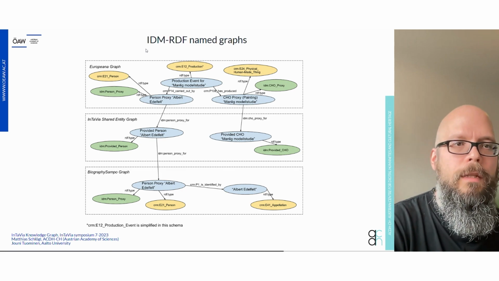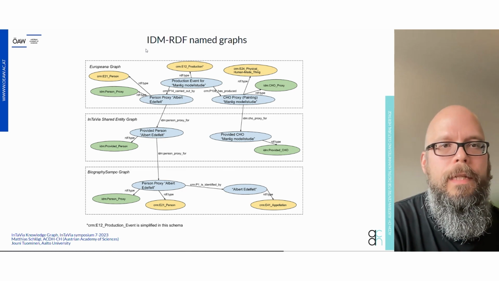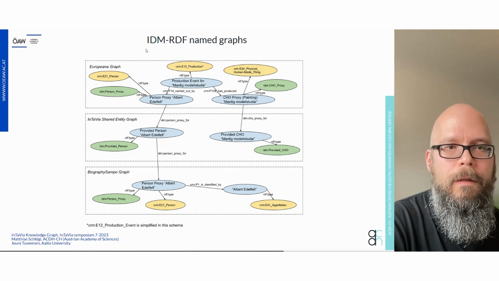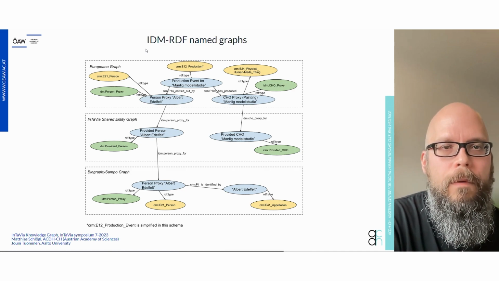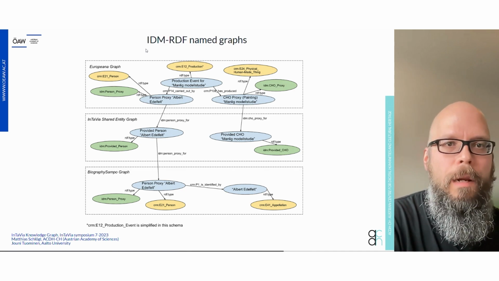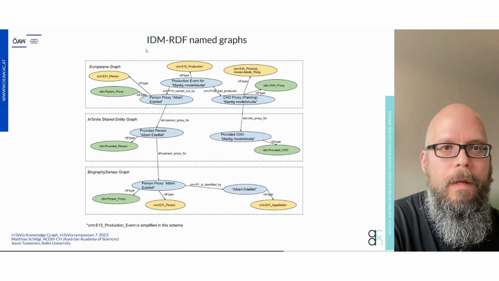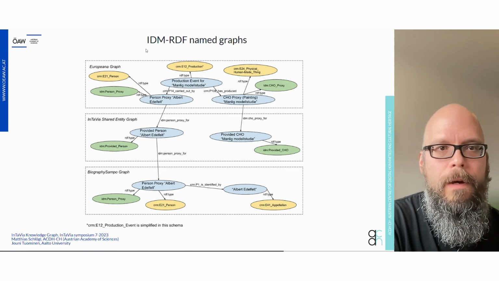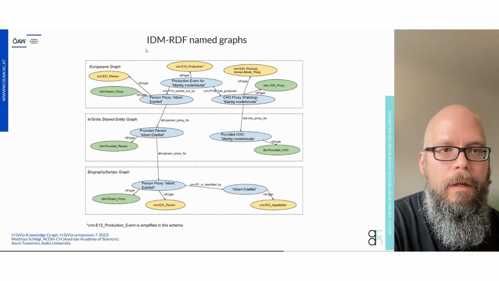And then if we look at the European graph on the top part of the diagram, we can see that we have a painting called Manlik Model Study from the painter Albert Edelfelt, the same painter that we have information about in the Finnish biography. And then we can link these entities of Albert Edelfelt together, and that is done in the InTaVia shared entity graph in the middle of the diagram.